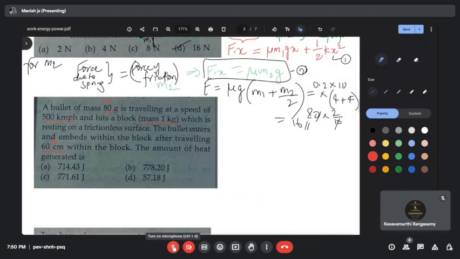So the amount of heat that is being generated, you will have to find this out. So you guys can understand the question, the given situation. So what relation can be used here to solve the question? You need to think a little bit and tell me how you are planning to approach this.